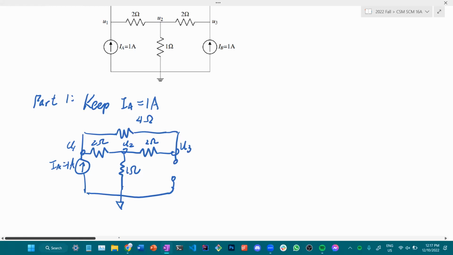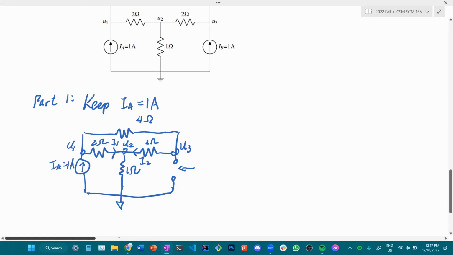Note that there's an open circuit here, which makes the circuit a little more complex than we would like. But essentially, what we can do here is just some nodal voltage analysis. So let's go through an example of how we'll do this. We see that at U2, let's call the current here I1 and the current here I2.